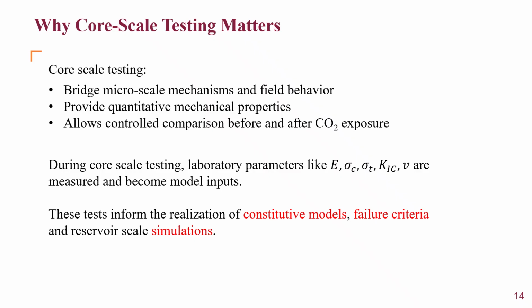It lets us know how the mechanisms that happen in the nanoscale can affect the reservoir at a larger scale. It also provides quantitative mechanical properties which we can compare before and after CO2 exposure and know exactly how some of the rock properties are changing.